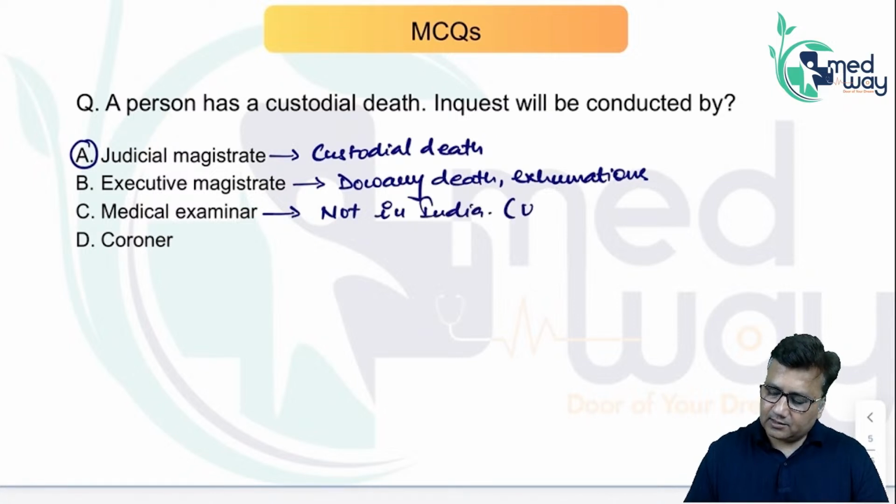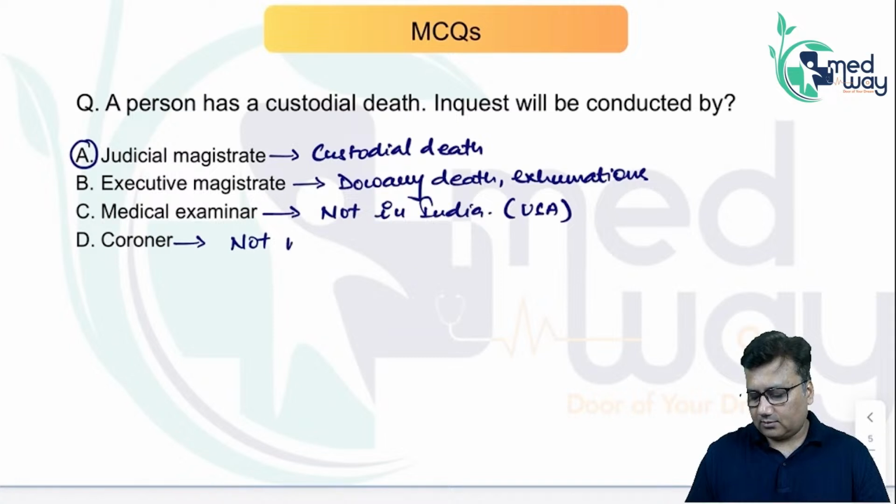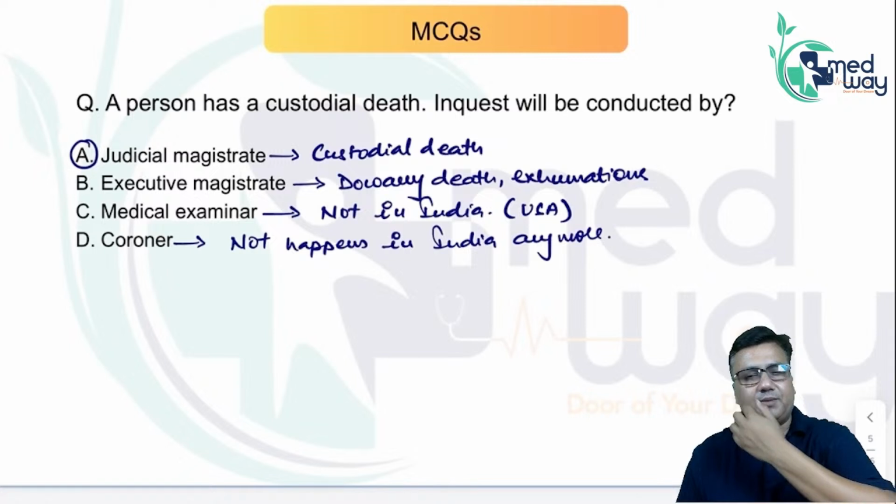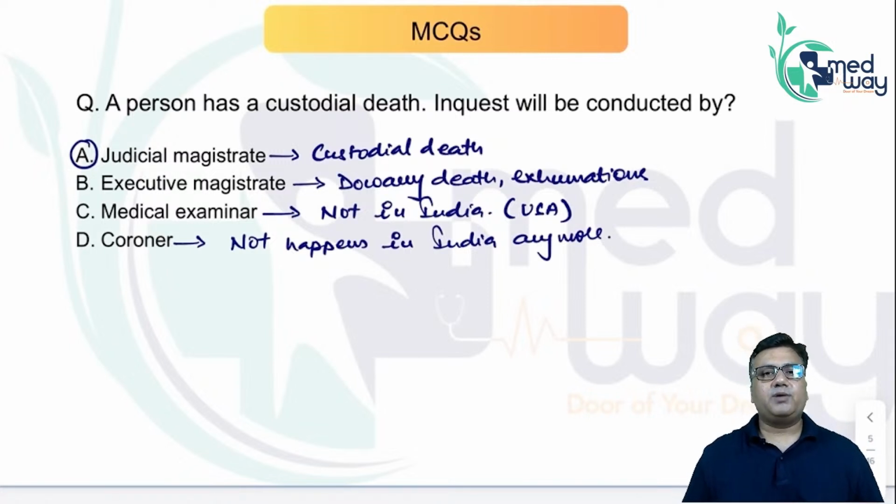It happens in the United States of America. And coroner's inquest also does not happen in India anymore. It used to happen in India in Calcutta and Bombay, and it ended in Bombay in 1999.